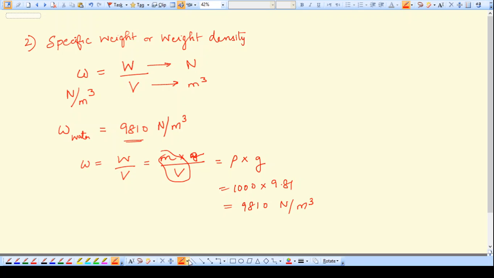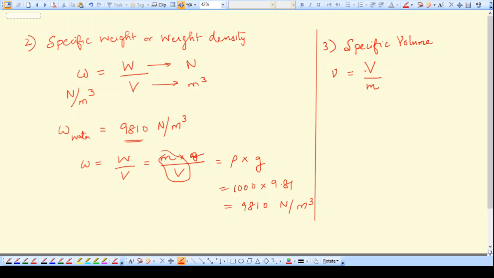The next property is specific volume. It is indicated by small v. Specific volume is the ratio of total volume to mass.